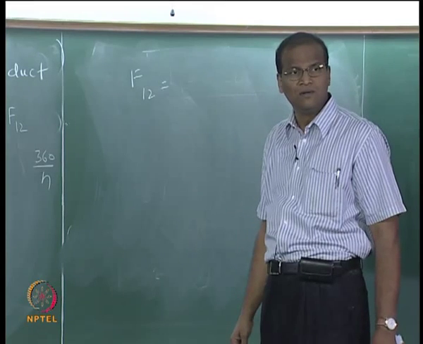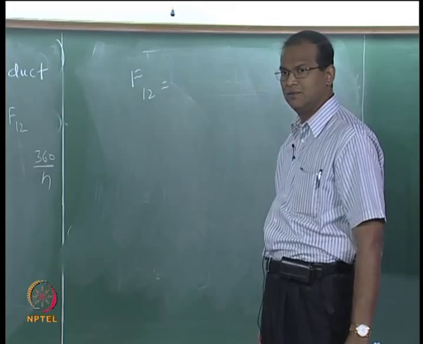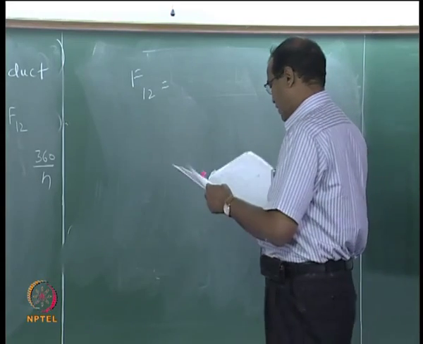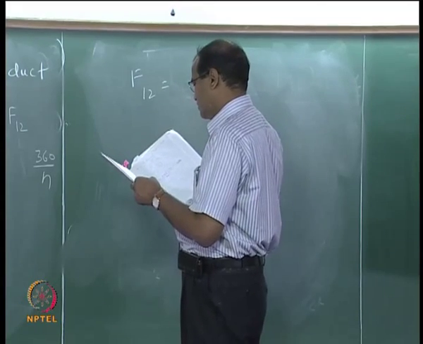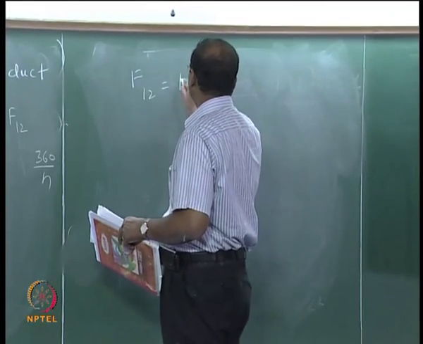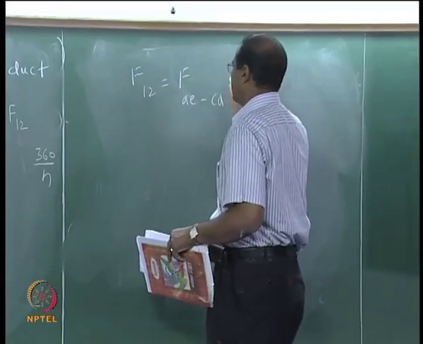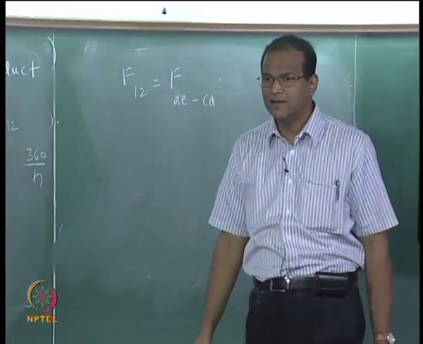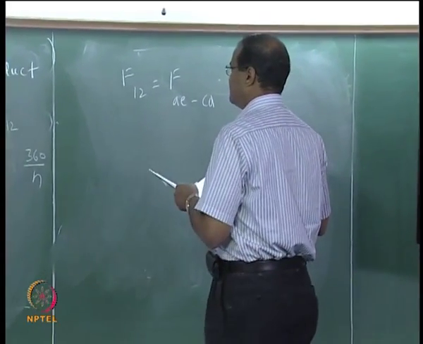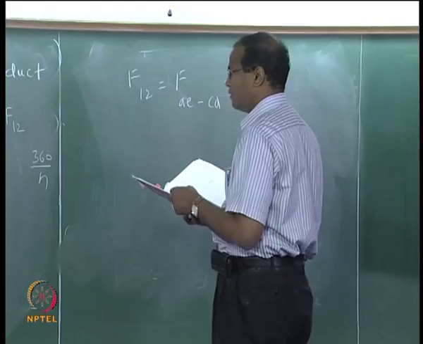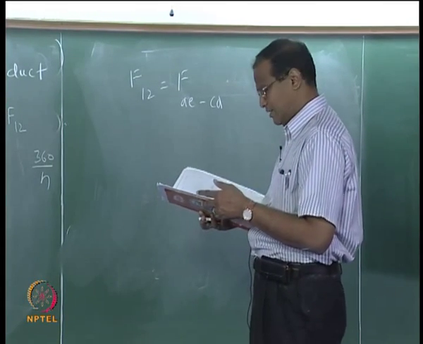F12 equal to, what did I write? F12 is equal to F, why did I do this? FAE to CD, correct? FAE to CD. Now, I am confusing my terminology, does not matter.